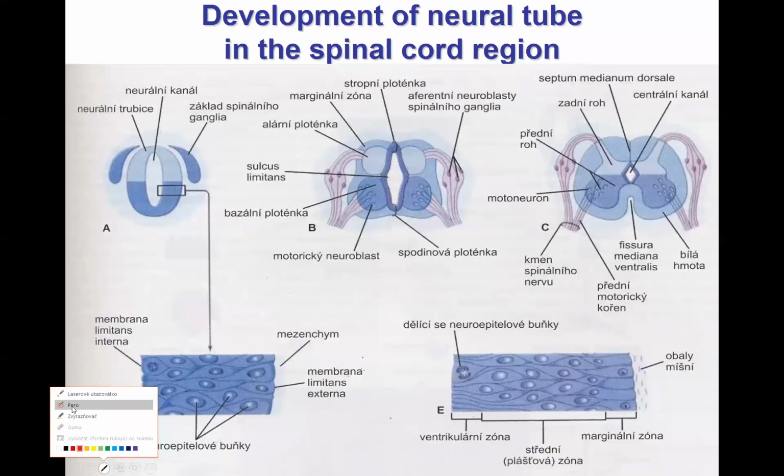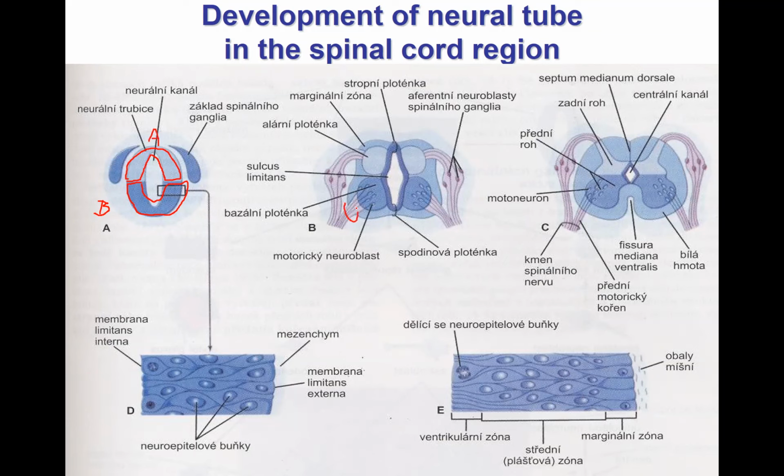So this is the part which we call basal plate, and it's motor, and this part which we call alar plate, and the alar plate is sensory. That's why the ventral area, the anterior root is motor, the dorsal root is sensory.